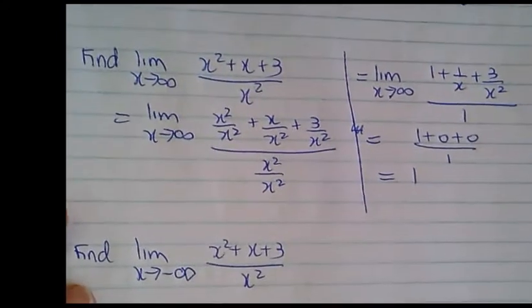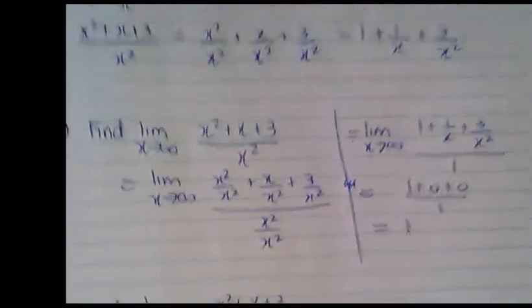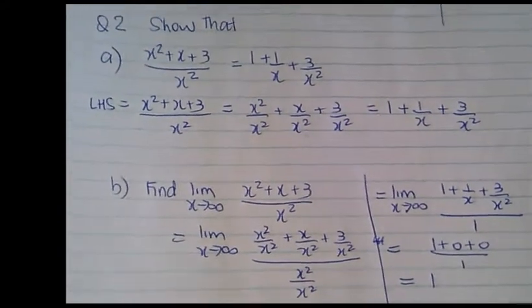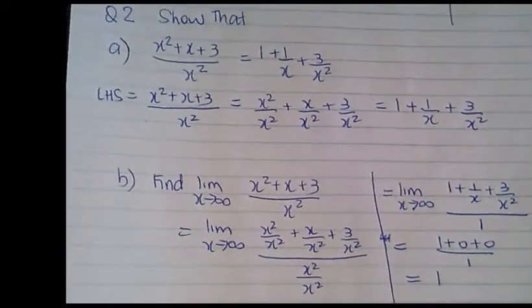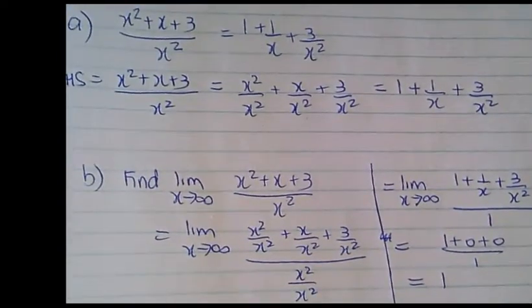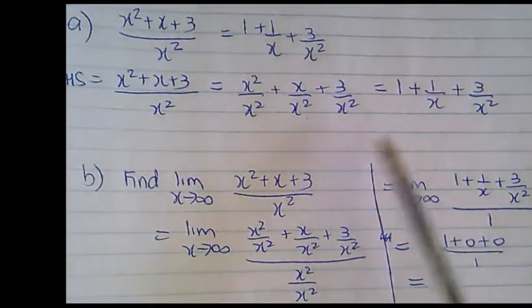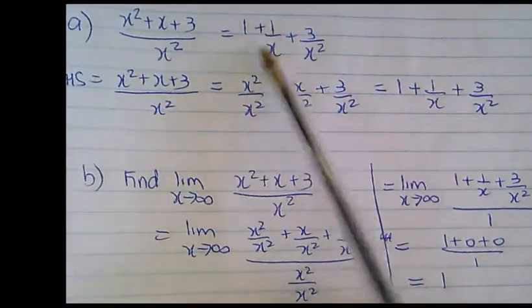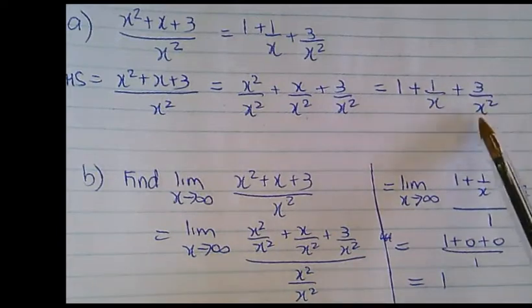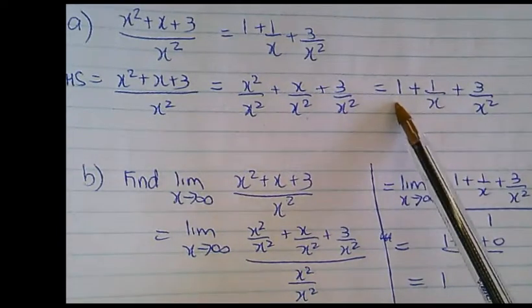Now, if you look at the original function, parts A and B, if we look at the original function, you know how we rearranged it? Isn't this just a hyperbola and another hyperbola shifted up 1 unit?